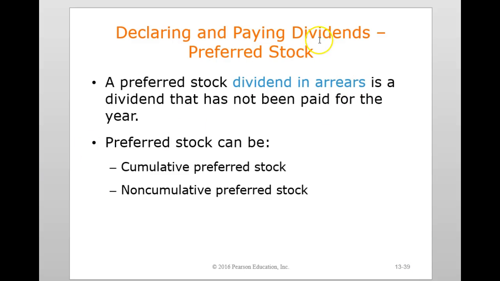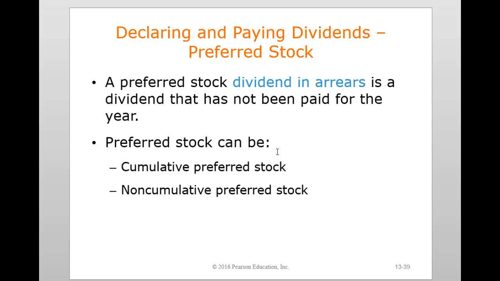So let's move down. Now here, when you're paying a dividend for preferred stock, it always gets paid its dividend, usually, and it can be cumulative preferred, or it can be non-cumulative. Now the difference between the two: cumulative, they get paid every year, whether there's a dividend declared or not, and that accumulates.